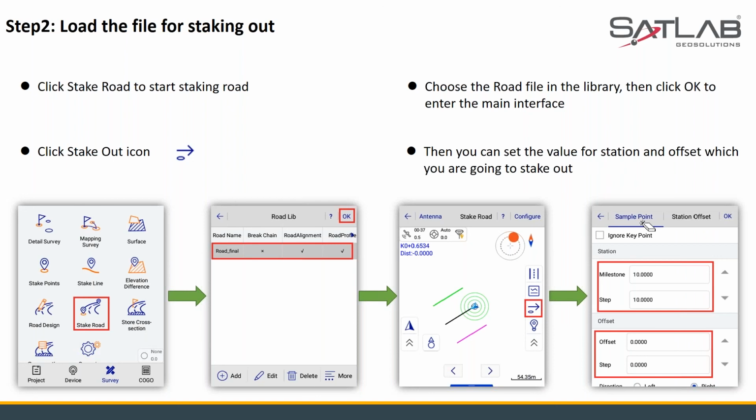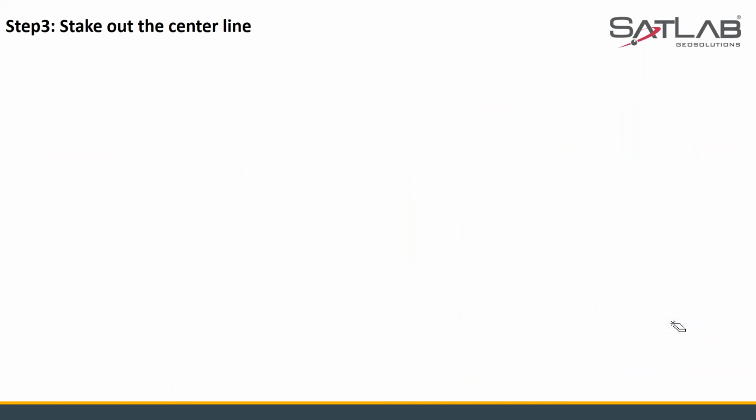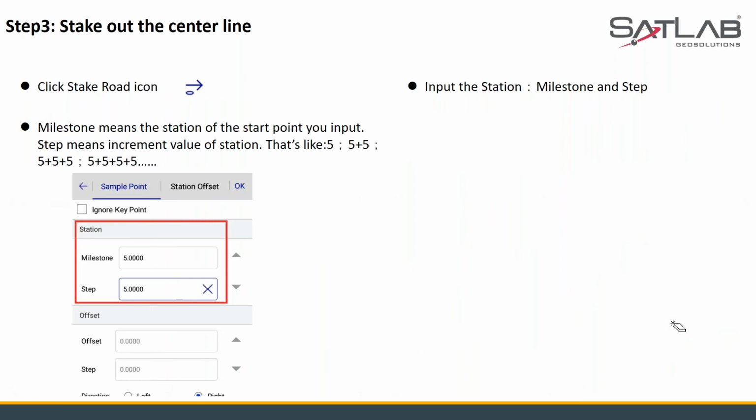Okay, so this is how to stake out the center line. While staking out the center line, I'll make a quick line over here. Say, for example, this is my center line and this is my point 0, and my client wants points after 5 meters and after 10 meters.